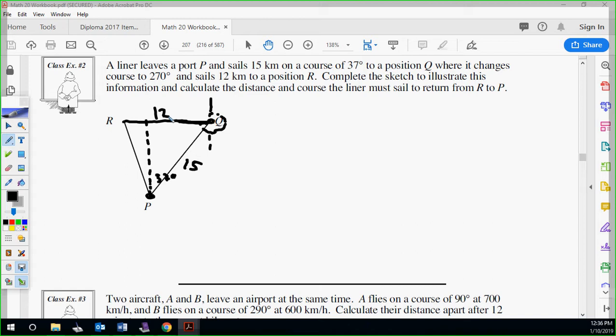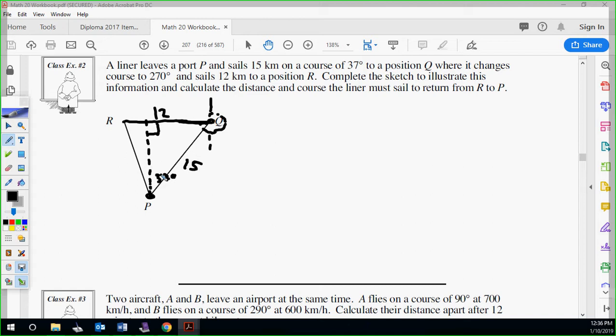Angle RQP, how can we figure out what RQP is? Actually, we don't have to because we went straight up. This is perpendicular, so we have a right triangle here. 37, we don't know what 37 makes in terms of a side.